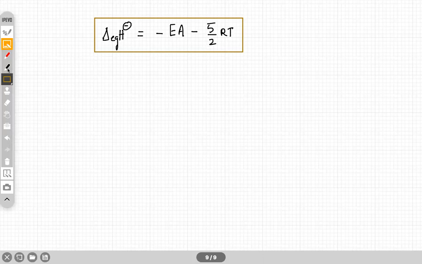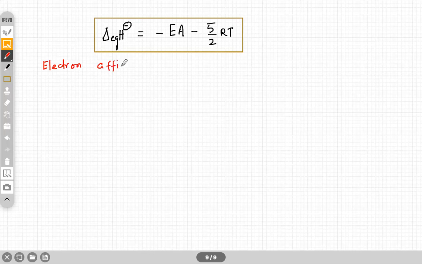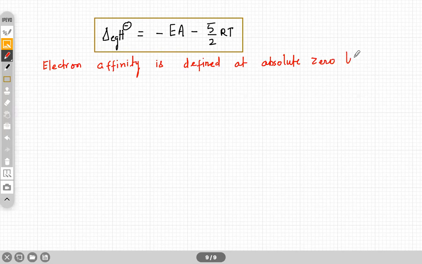One last point in this, you write down. Electron affinity is defined at absolute zero temperature.